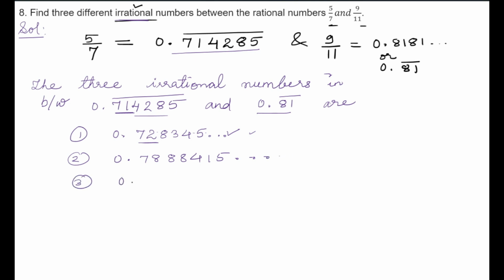The third could be 0 point. Now see, 81 is the limit, right? 81 is our limit, so we'll not cross it. So let us keep it to 801465 and so on. So whatever numbers I have written actually fall between these two numbers. That's it. So that was again a quite easy question.